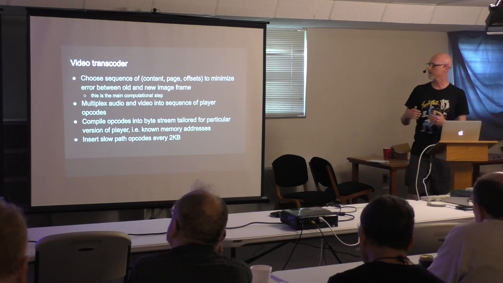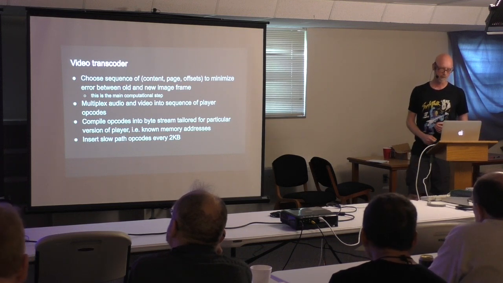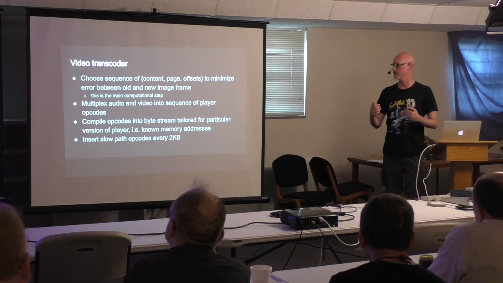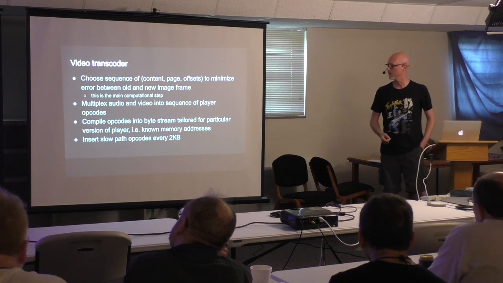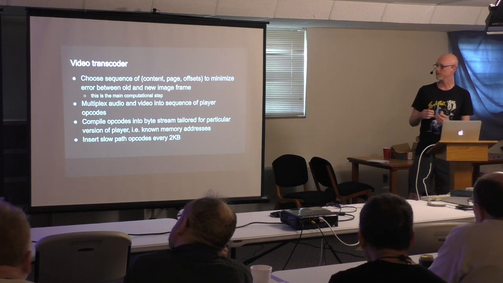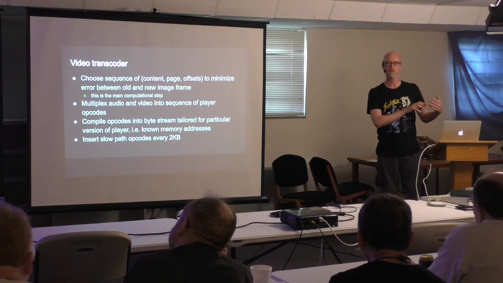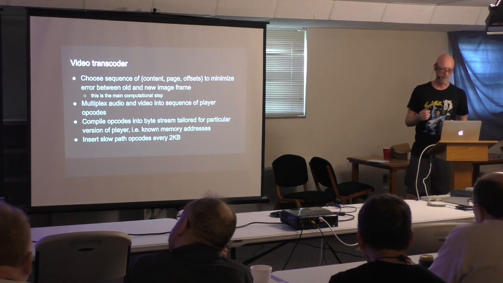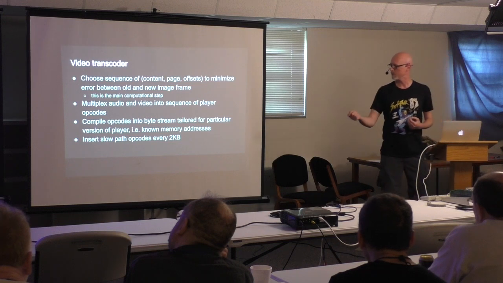Now I have a sequence of these tuples. I then just multiplex them back together with the audio stream, and this gives me the sequence of player opcodes of the form that we saw at the beginning. Then I just need to compile them into a byte stream.